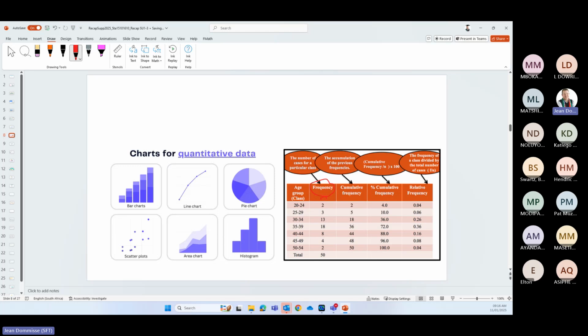Sometimes they say, what's the cumulative frequency? Then you look at how many are up until that group. Sometimes they ask you to work out the cumulative percentage of a frequency or percentage cumulative frequency. Sometimes they ask you to work out the relative frequency. So again, just showing a bit in words and where it is in the table if they ask a question like that.